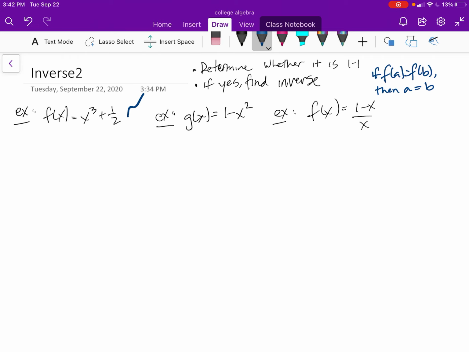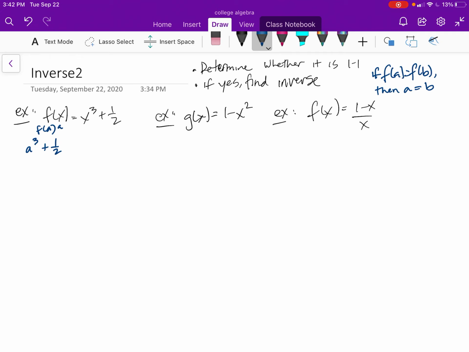But now to determine, oftentimes it'll tell you, here's a function, tell me if it's one-to-one. So you don't really need to prove that it is in fact a function, but we could. So if f of a equals f of b, what is f of a? Well, f of a just means substitute a in for x, so a to the third plus 1/2.